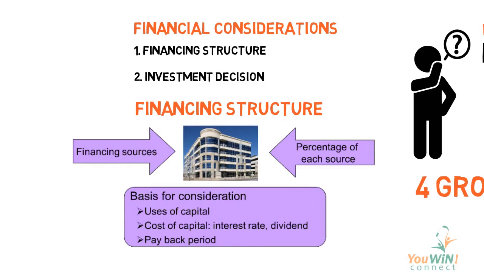And these are, one, financial sources. Where are we going to get the financing, both to start a venture and to run that venture from? And the other leg of it is what percentage of each of the sources that we're talking about.